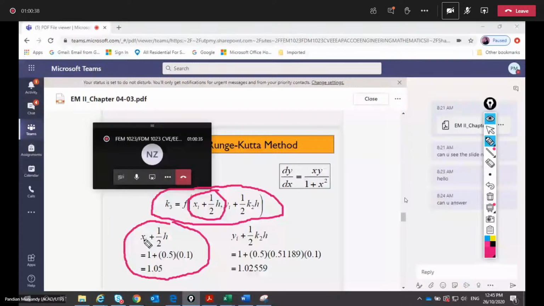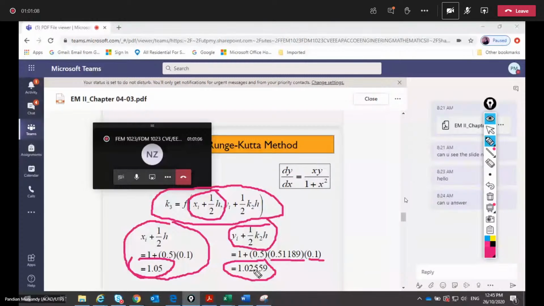X naught is 1, half is 0.5, h is 0.1. You get 1.05. Now, yi plus half K2 h, this is the problem. Y naught is 1, half is 0.5. But K2 is this value, from the previous slide, 0.51189. Multiply by h, 0.1. You get the new y.